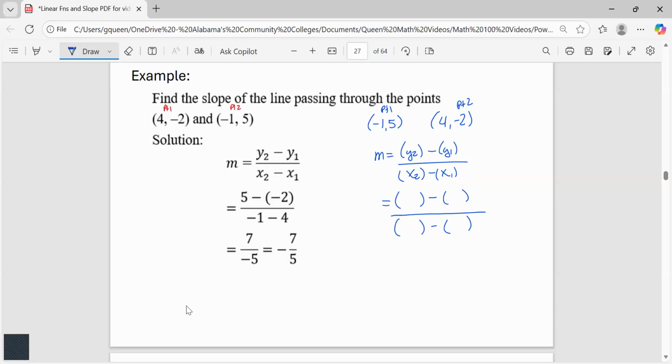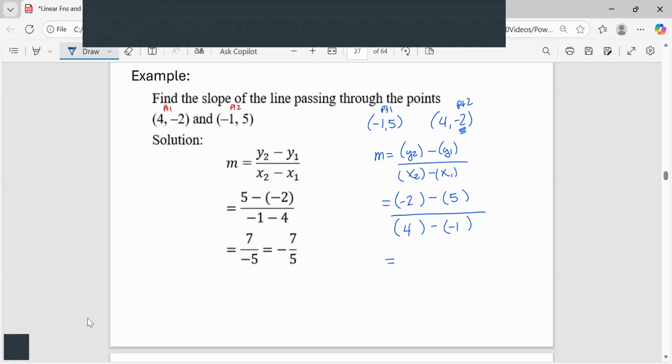All right, so what is y2 in our problem? y2 is the y coordinate for the second point. That would be -2. y2 minus y1. y1 is 5. Over x2, which is 4, minus x1 is -1. So this is going to give me -2 minus 5 on the top.